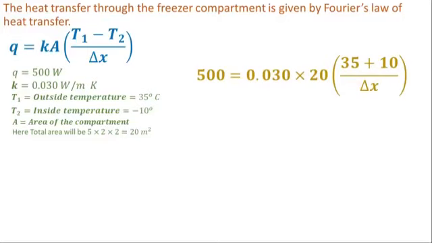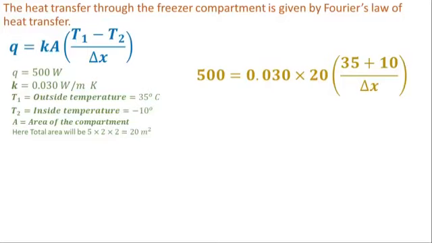We put these values in the equation of Fourier's law of heat transfer: Q is 500 watt, K is 0.030 watt per meter Kelvin, area is 20 meter square, T1 is 35 degrees centigrade, T2 is minus 10 degrees centigrade.